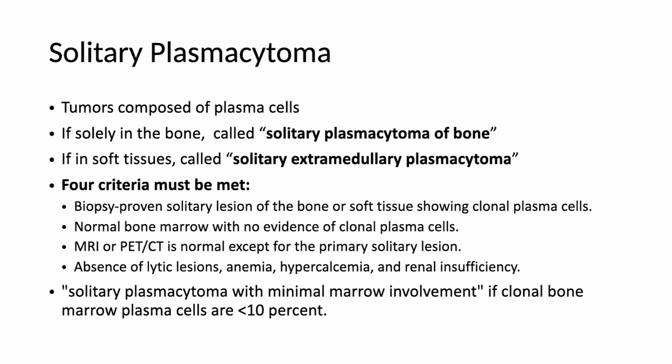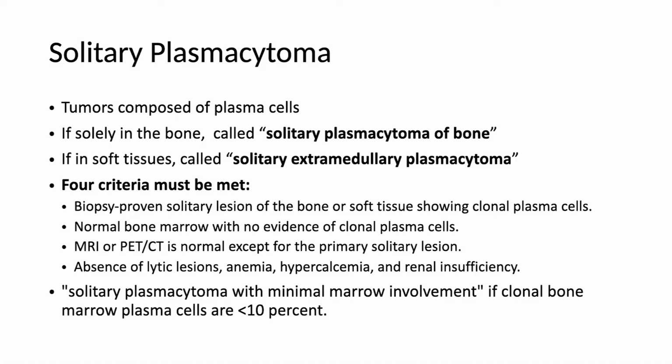So solitary plasmacytoma is tumors which are composed of plasma cells, and usually there is no bone marrow infiltration. Actually, there must be less than 10% of bone marrow infiltration. Very rarely you see solitary plasmacytoma with MGUS, but in general it's just one area infiltrated with plasma cells.